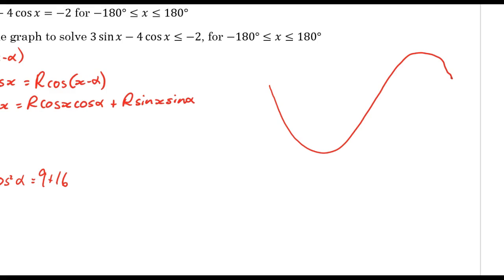Now, that point there would normally be at 0, 1 on our basic reference cos function, but it's been vertically dilated by a factor of 5, amplitude of 5, and it's been shifted to the right by 143.